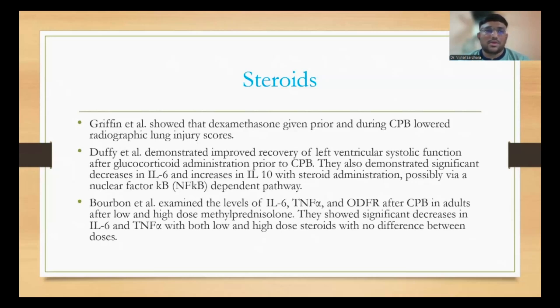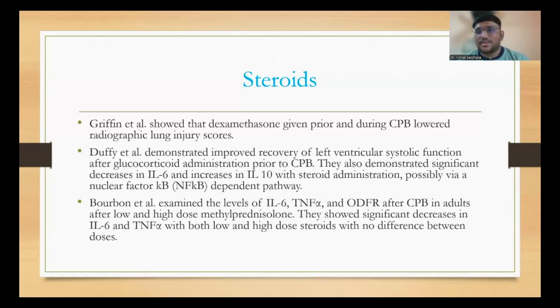Also, glucocorticosteroid administration prior to CPB significantly decreases IL-6 and increases IL-10, possibly via nuclear factor dependent pathways. So that again reduces the SIRS reaction of the extracorporeal circuits.